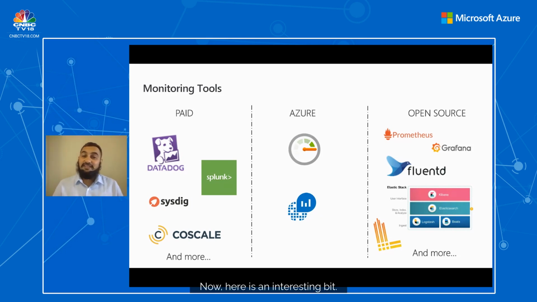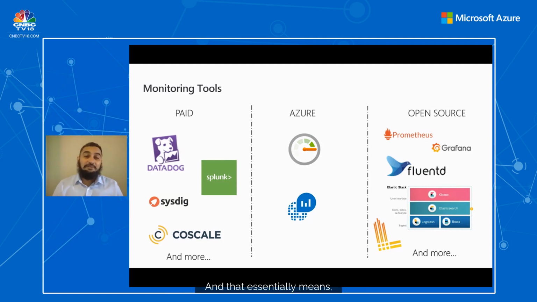Now, here is an interesting bit. You can use Prometheus by itself, but let's say that you do not want to have the Prometheus server. You still have the Prometheus agent inside of your cluster. Azure Monitor gives you an ability to scrape those Prometheus metrics, which get generated inside of the cluster, and those can be shipped over into the Log Analytics Workspace.